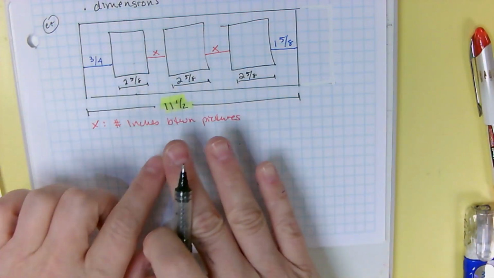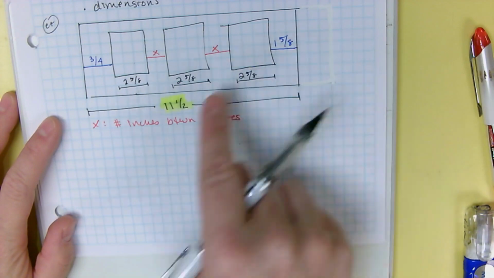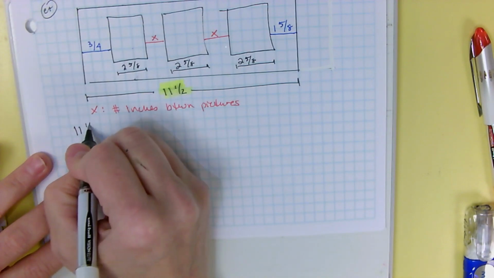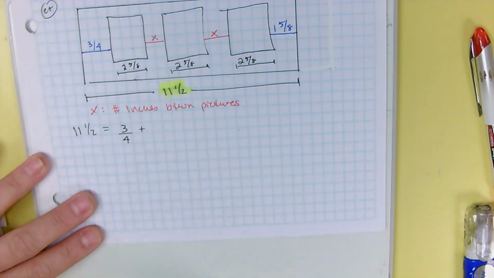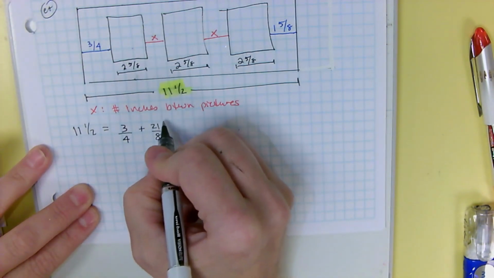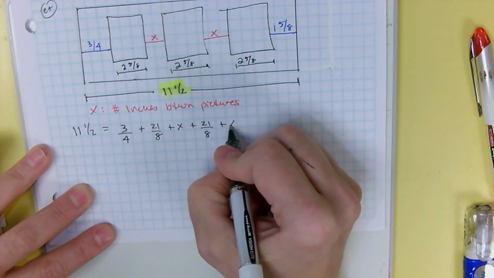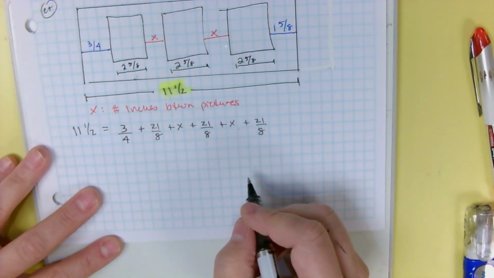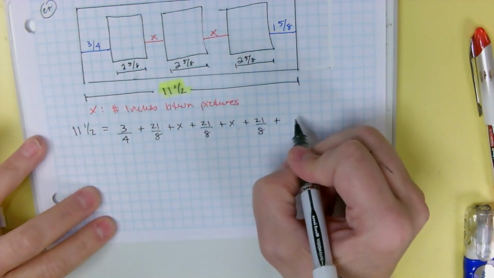Okay, so you have a total width here and a bunch of things that don't overlap. So all of these things need to add up to 11.5 because that's as big as it gets. So let's start with the 11.5. 11.5 equals 3/4 plus, now 2 5/8 is 21/8, plus 21/8 plus x plus 21/8 for the middle picture plus x again plus 21/8 for the right picture plus 13/8 for the right-hand margin.